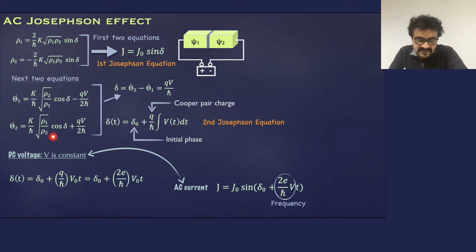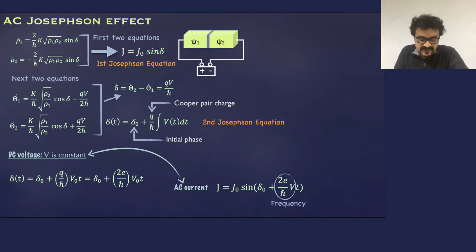The next two equations are θ1 dot, which is κ by ħ, √(ρ2 by ρ1) cos δ, where δ is the phase difference, times qV by 2ħ, where V is the applied voltage and q is the Cooper pair charge.